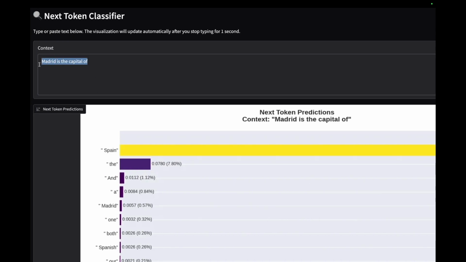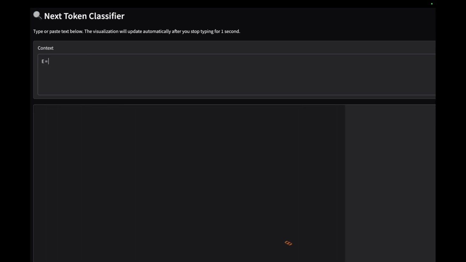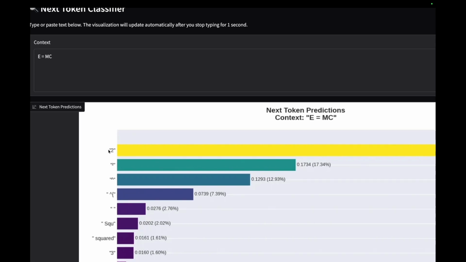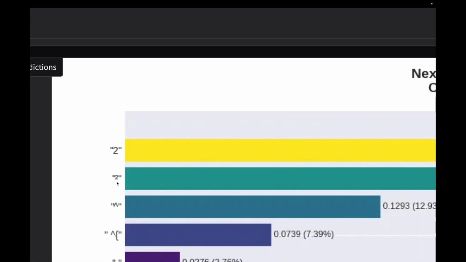You can also try some other fun things, something like the famous rule E is equal to MC squared. Let's see how it would predict that. It predicted the number 2 just because E is equal to MC squared. But also here you have this strange symbol.